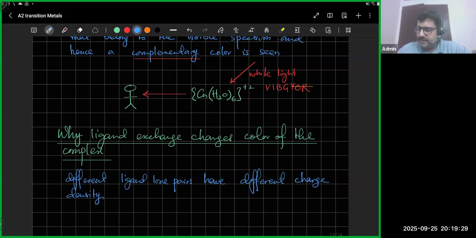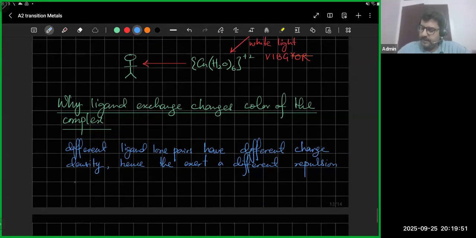So they've got different charge density, hence they exert a different amount of repulsion.